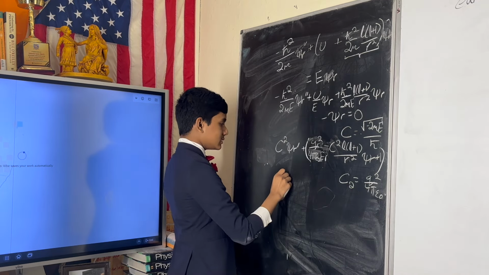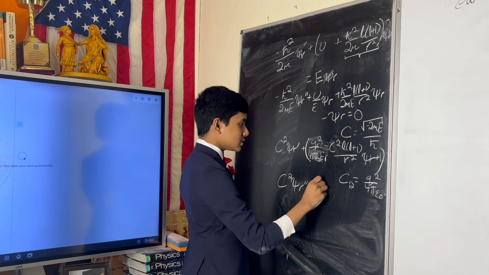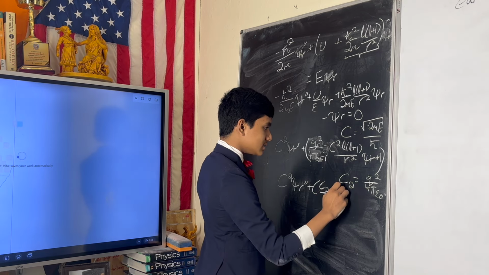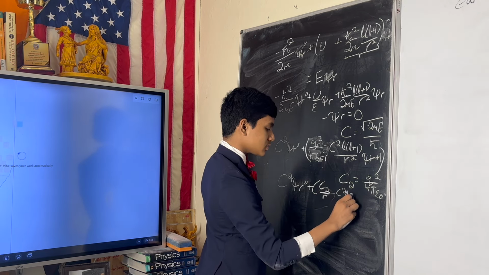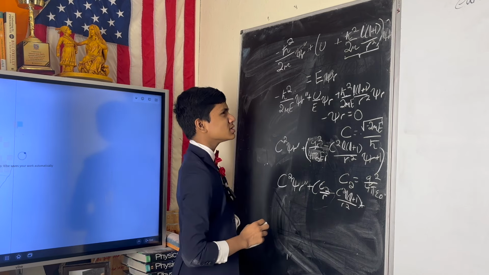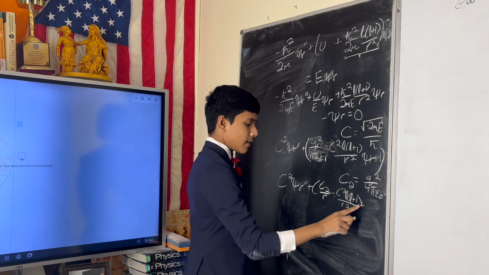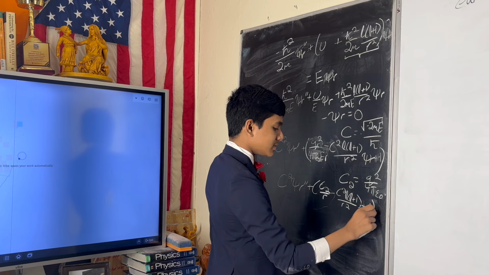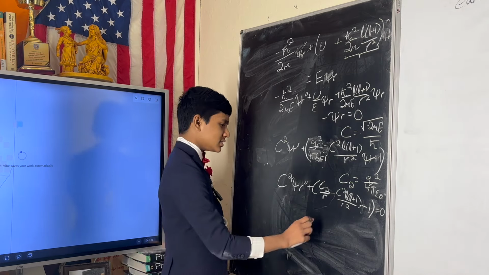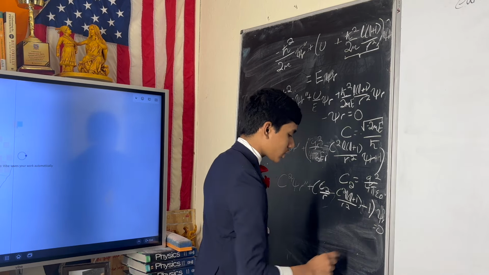And you get c squared psi r double prime plus C2 over r minus c squared l times l plus 1 over r squared minus 1 psi r has to be equal to 0. This keeps getting more complicated.